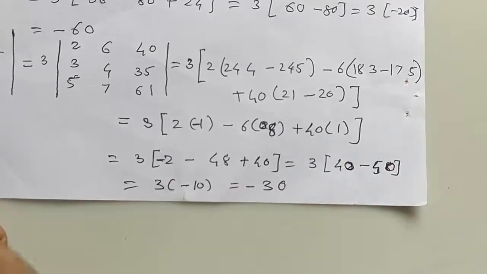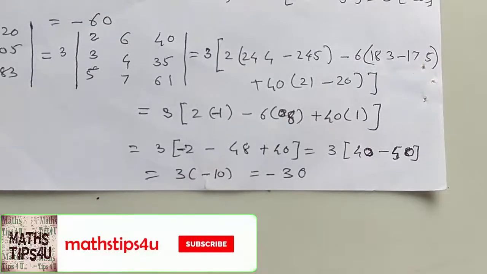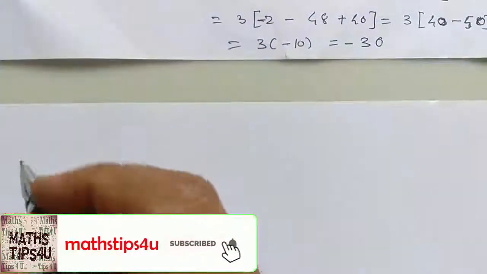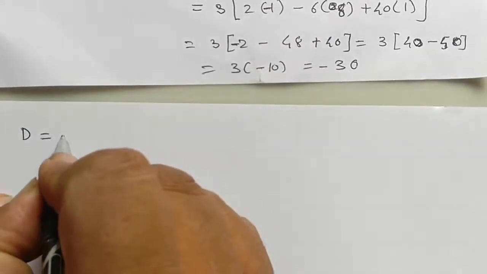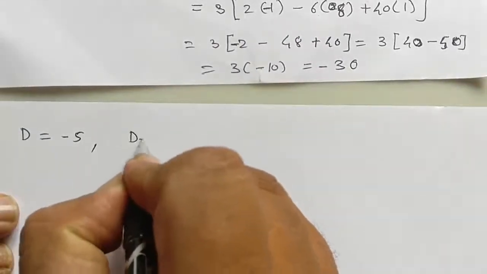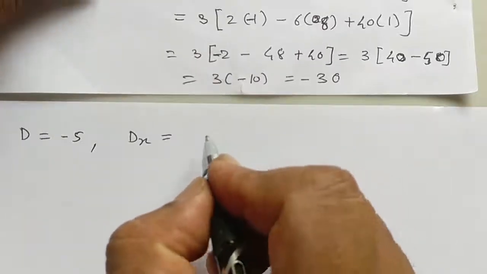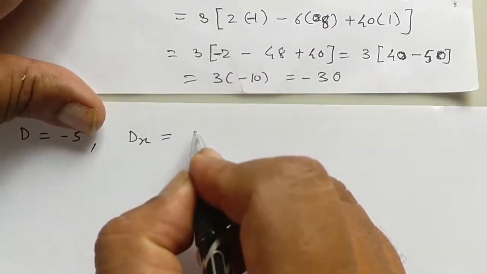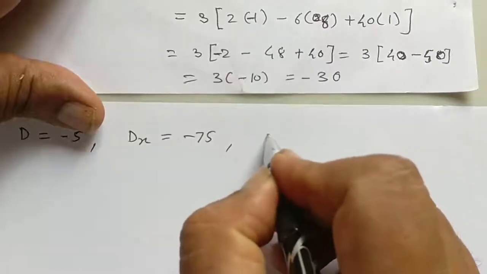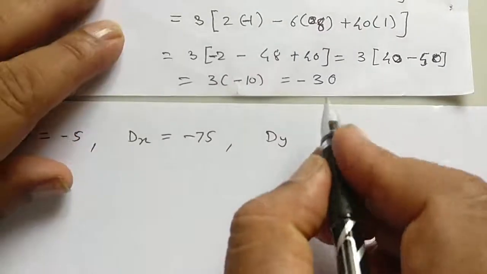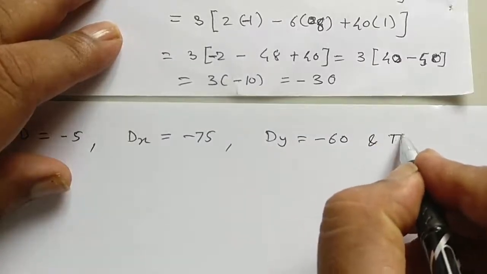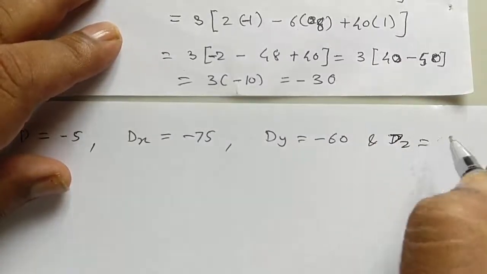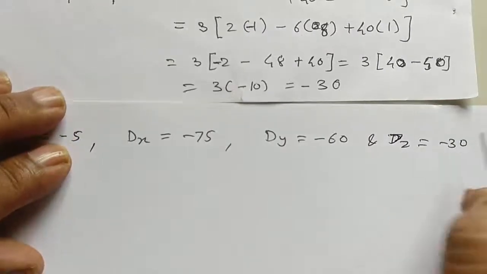So these are the values of dx, dy, dz. Therefore, value of d is equal to minus 5, dx is equal to minus 75, dy is equal to minus 60 and dz is equal to minus 30.